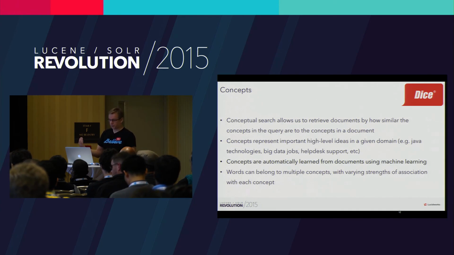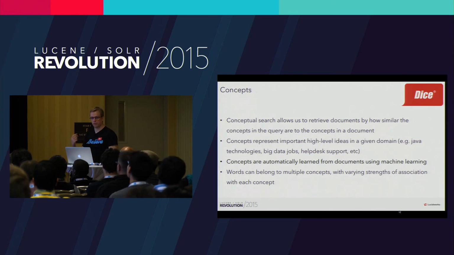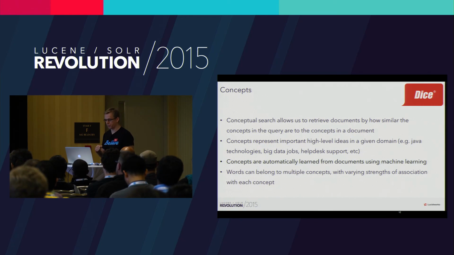Okay, so what are concepts? They represent high-level ideas in your domain. So in our domain, Java technologies, big data jobs, help desk support positions, those all represent concepts that are important in an IT job search.